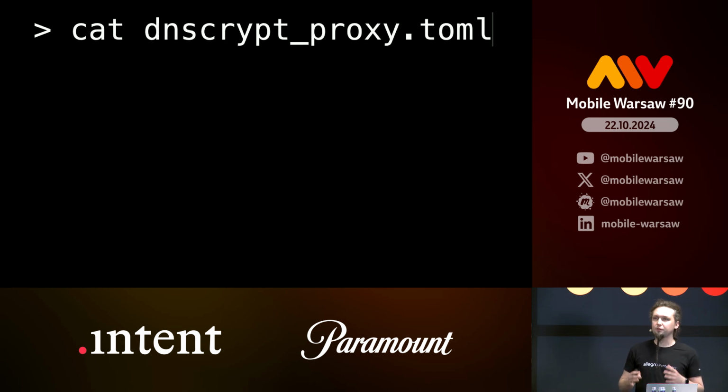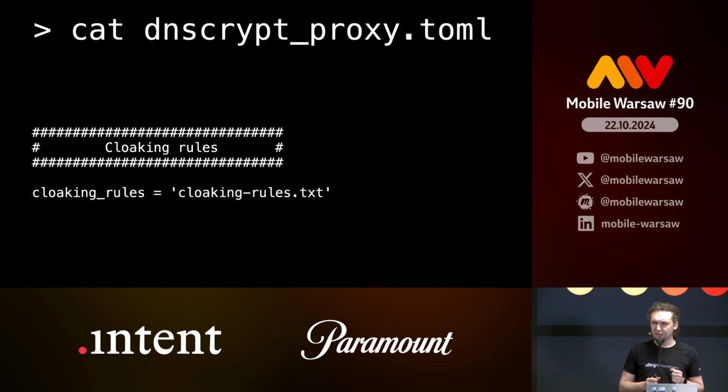Let's see all the configuration that is needed on that tool. We need to find the section to enable something called cloaking, which is used to override the DNS request. We just need to uncomment this line and provide this cloaking rules txt file. So let's also create this file.